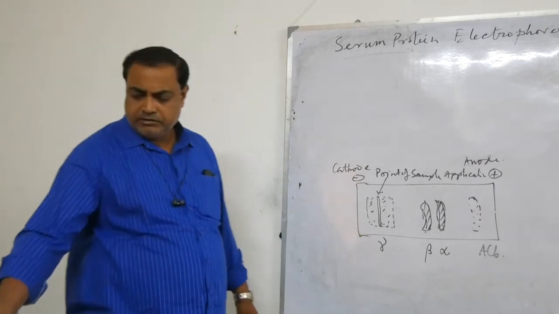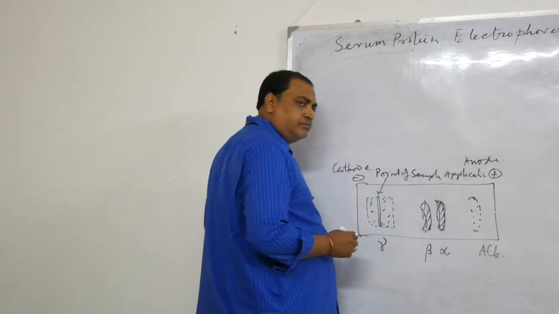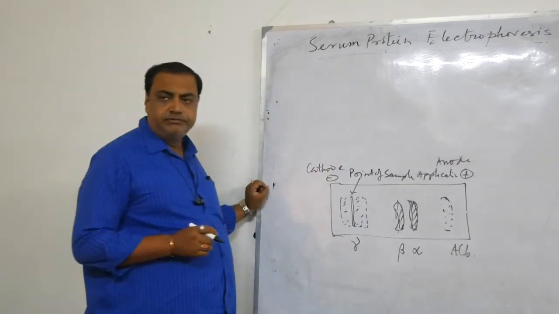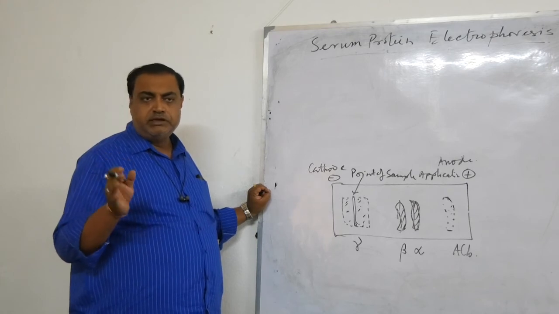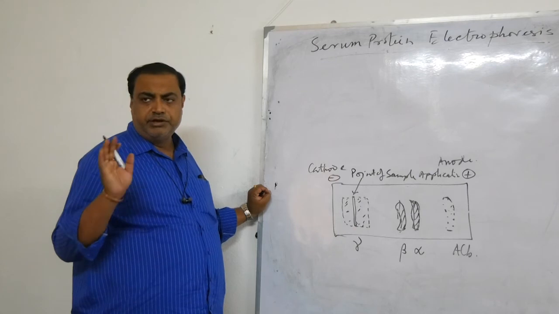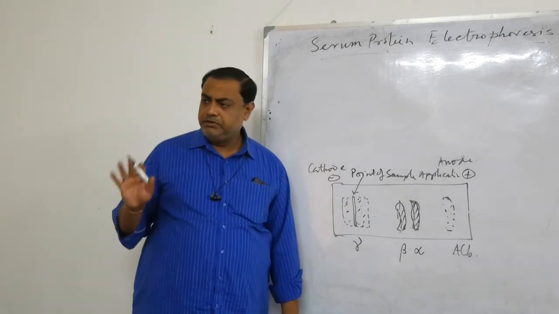Correct? That means albumin is lost, or it is not produced by the liver. There are two possibilities: that it is not being produced by the liver, or it is being lost through urine. This slide shows a decrease in albumin concentration.